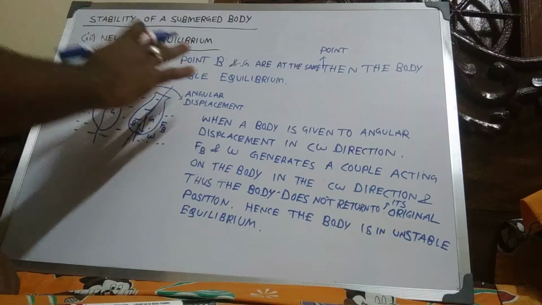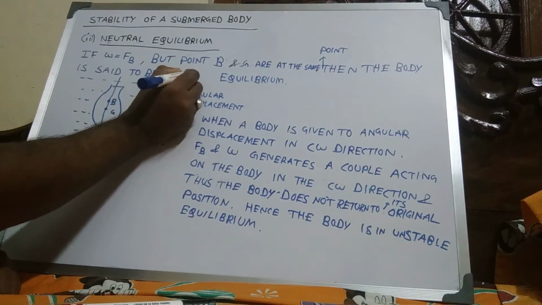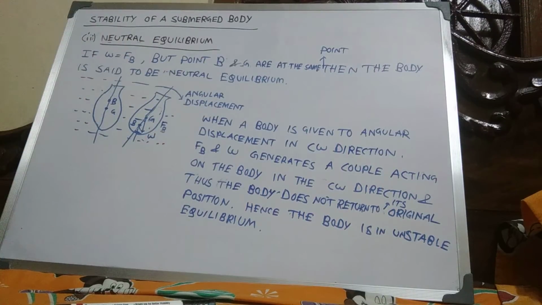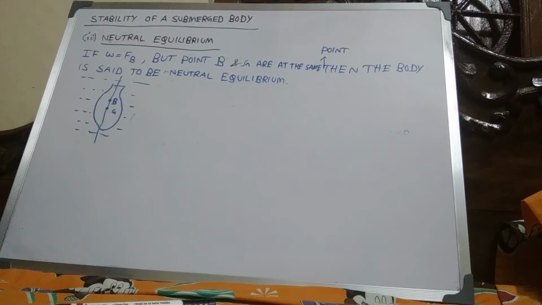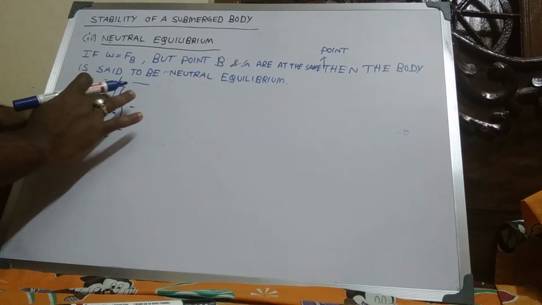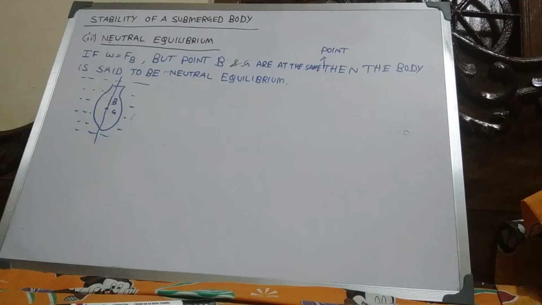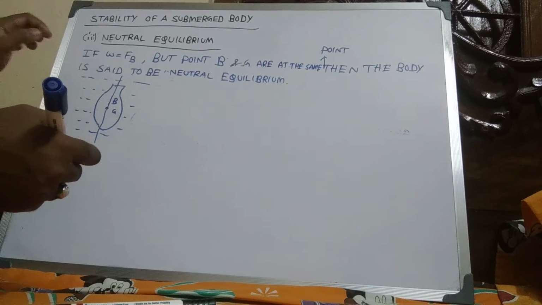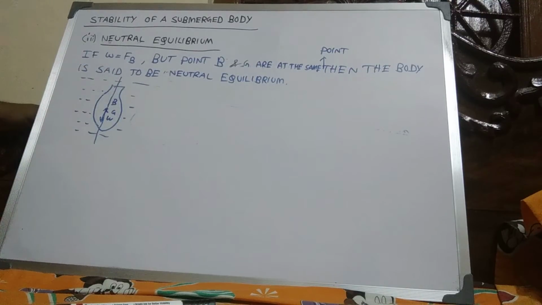Then the body is in neutral equilibrium. At that time the centers B and G coincide, and here the weight and buoyancy force are both the same. Understand?